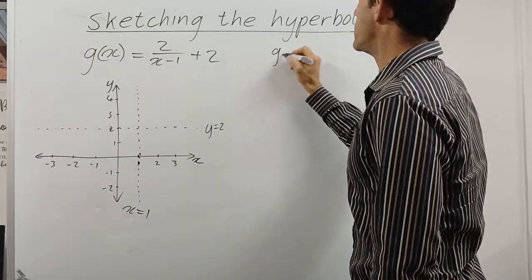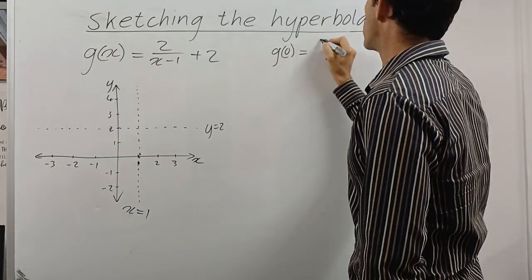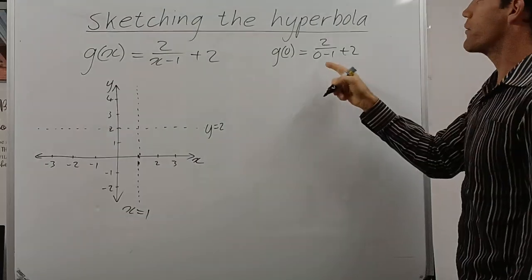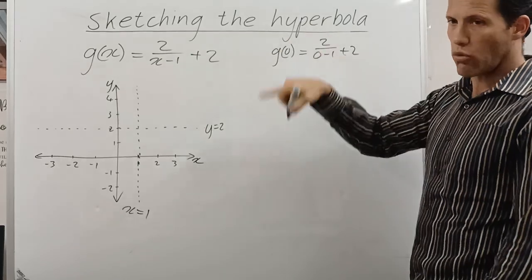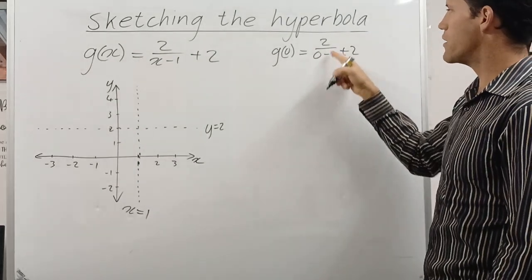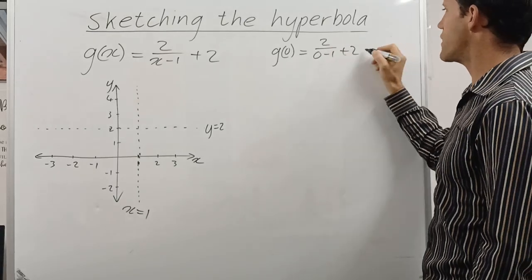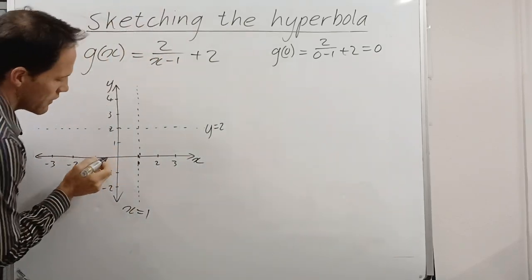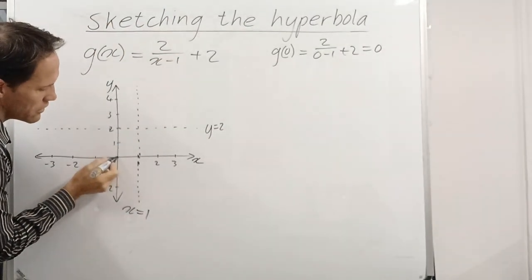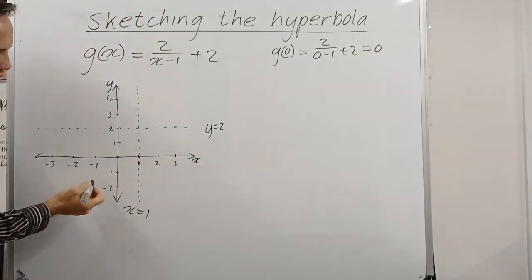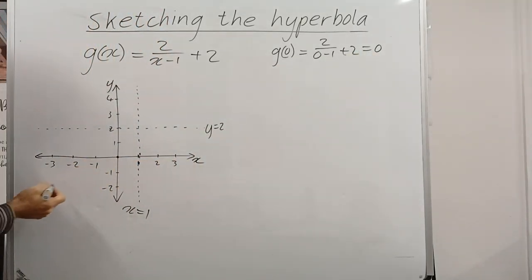So g(0) equals 2 over 0 minus 1, plus 2. When you make x 0, you find your y-intercept. So this is going to be 2 divided by -1, which is -2, plus 2, which is 0. So that means this graph goes through 0. There, x is 0, y is 0. So there's the intercept.